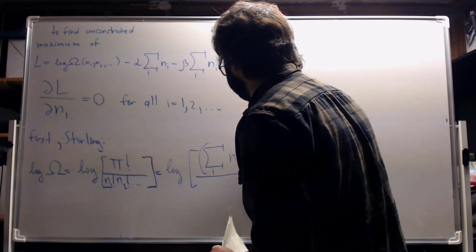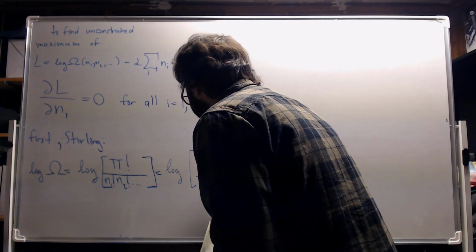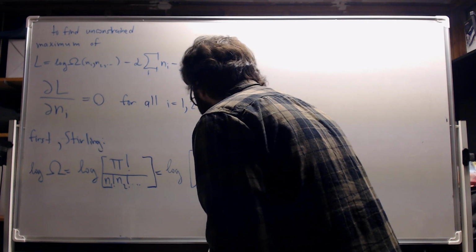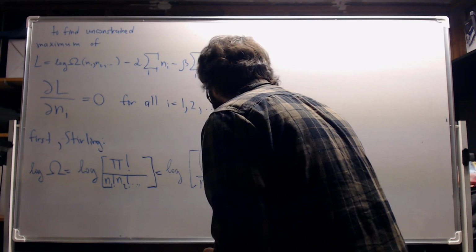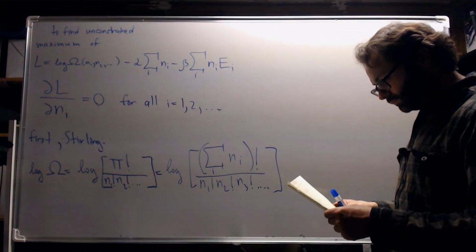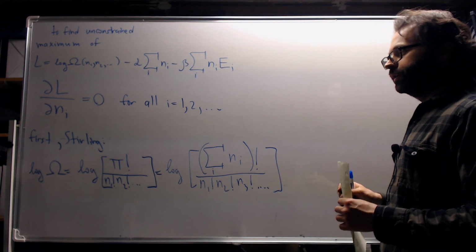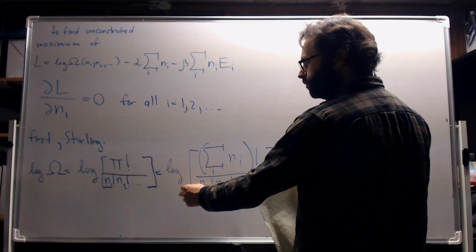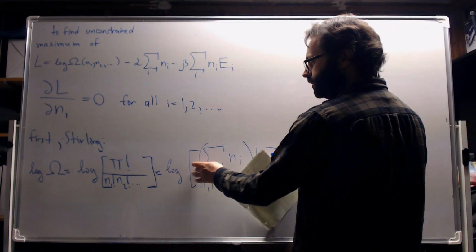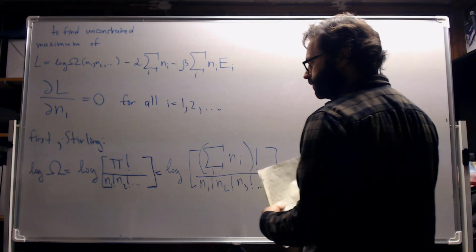Whole thing factorial divided by n1 factorial, n2 factorial, n3 factorial, and so on. Now we're going to use a log rule, because log of a ratio of two numbers is the difference between the logs.